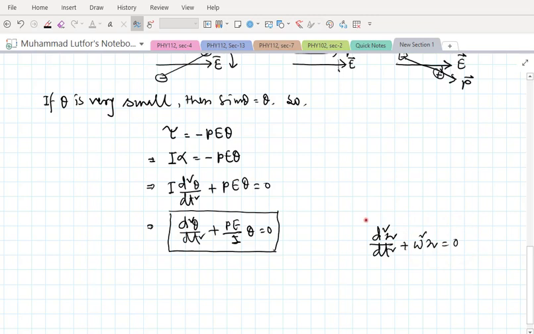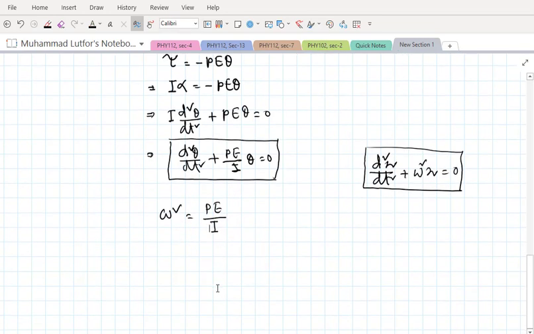Which is the equation of motion of a system undergoing simple harmonic motion, where omega is the angular frequency. Comparing these two equations, we can say that the angular frequency of this dipole would be basically the square root of PE divided by I, where I is the moment of inertia of the system.